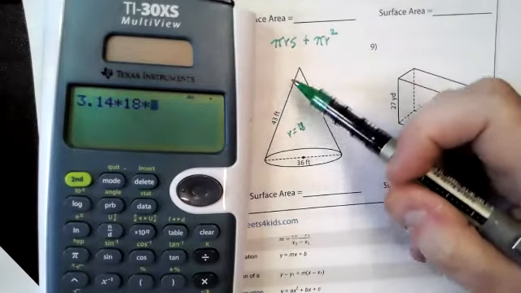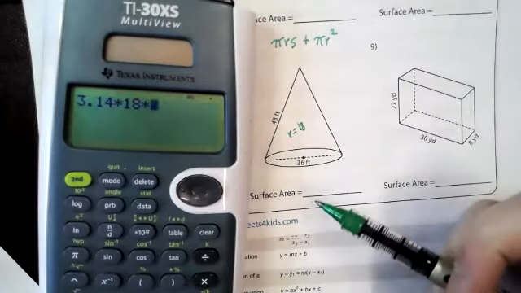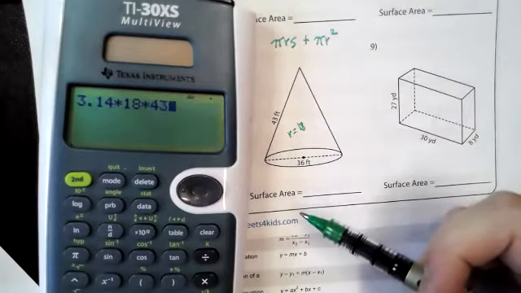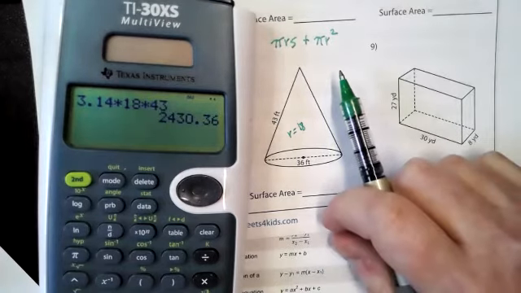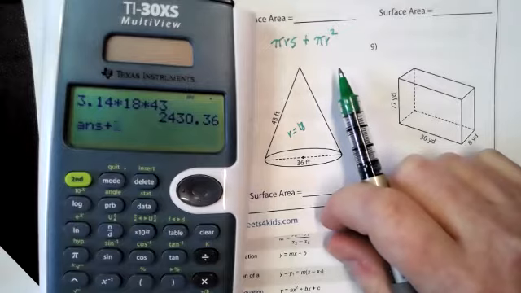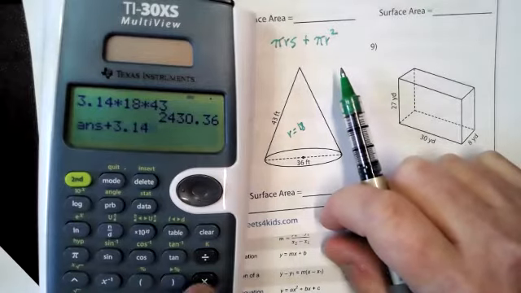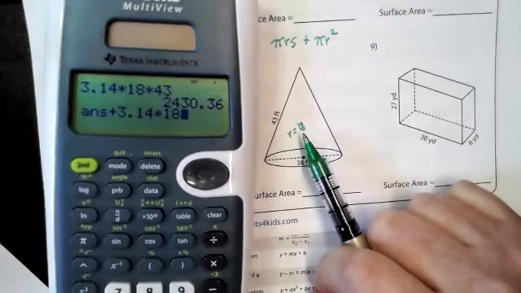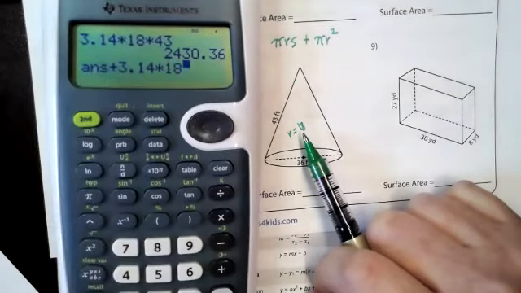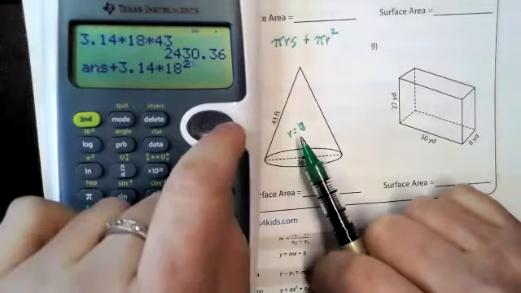They give us a side, 43. And then we're going to figure out the bottom by continuing. Pi again, 3.14 times the radius, 18 squared. Use your little tent button to arrow out of that.